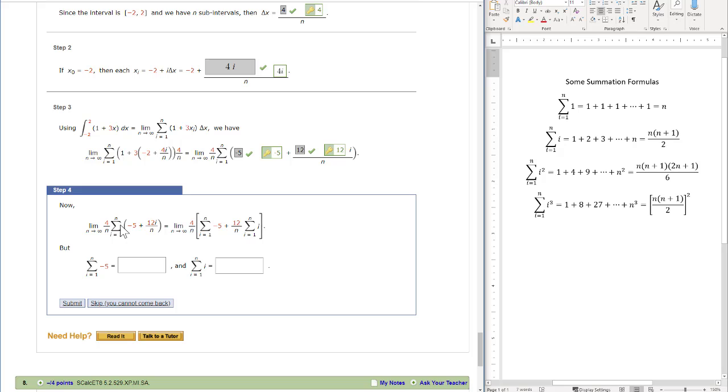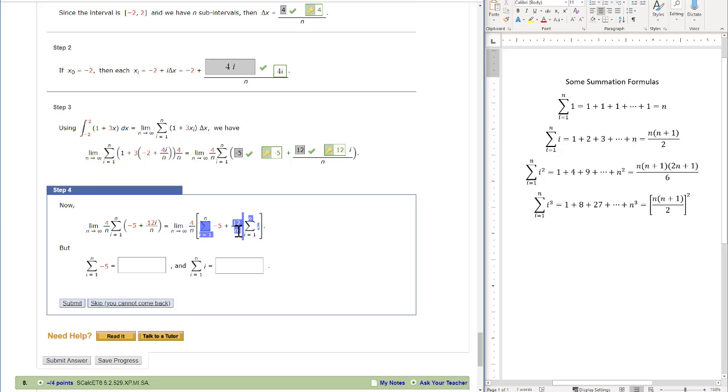Now we're going to break this apart into two different sums. We have -5 and we have 12i over n. So we have the sum of -5, and then we have the sum of 12i over n.